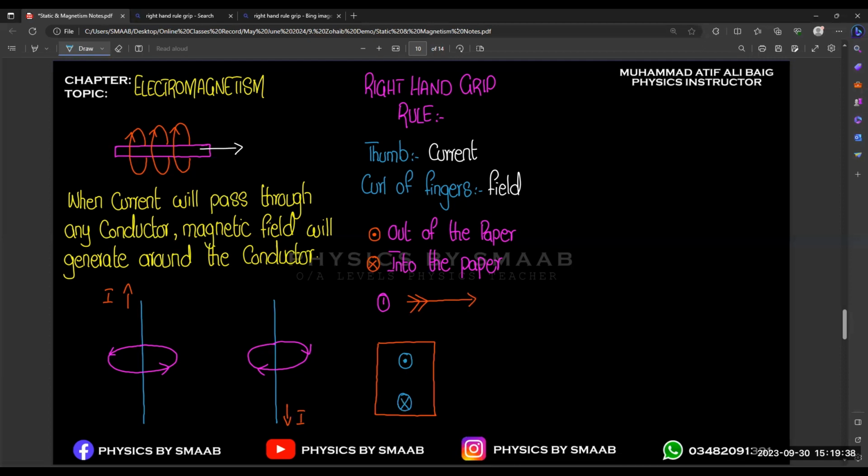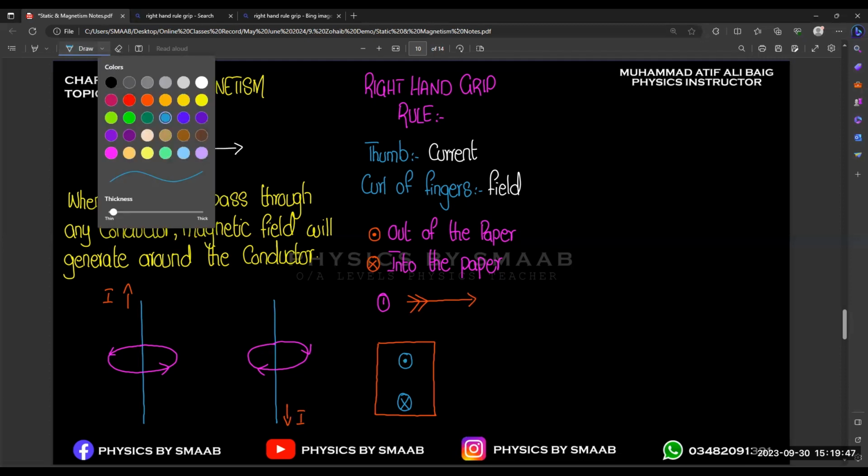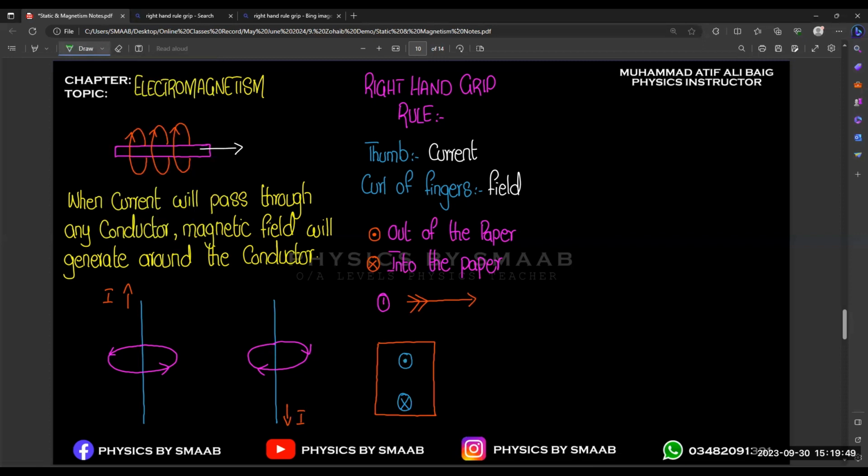Let's suppose they consider an example of a conductor that we are working with on paper. They give you the marks like this, so you can easily identify that this point represents out of the paper, and the second one is into the paper. So this is the concept, right?